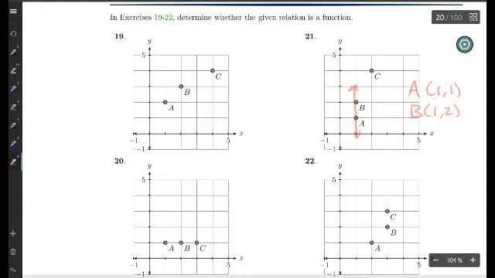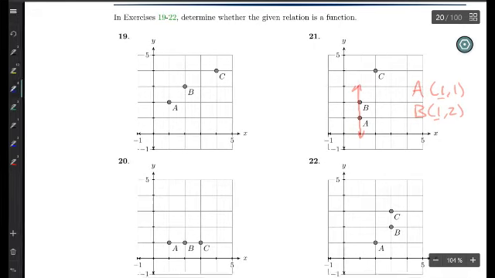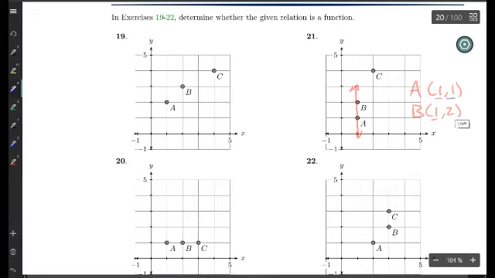So, same element in the domain mapping to 2 different elements in the range.